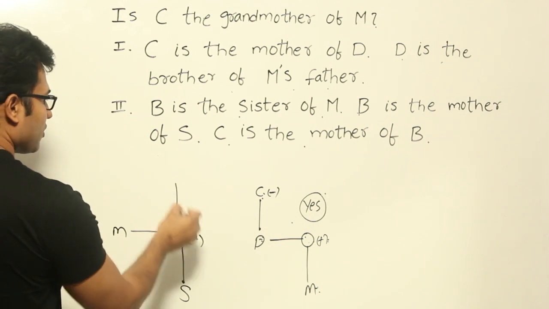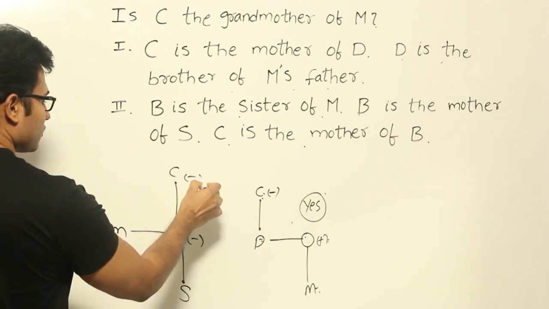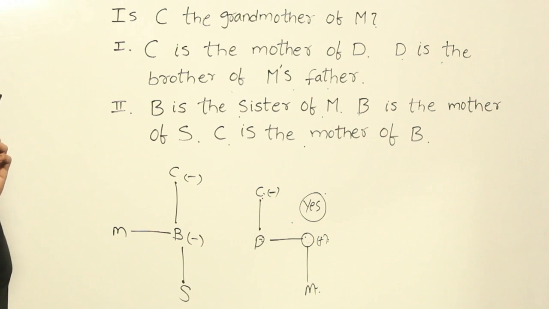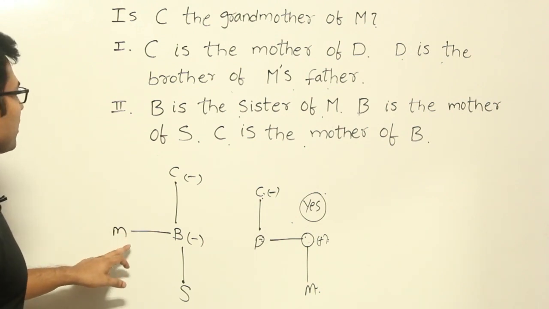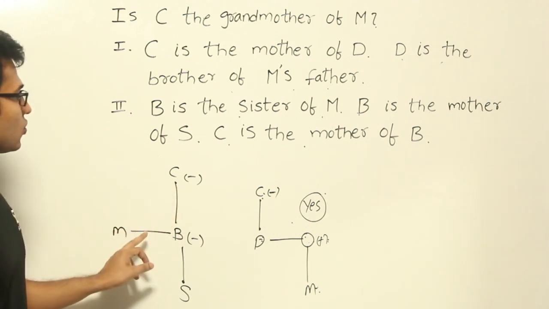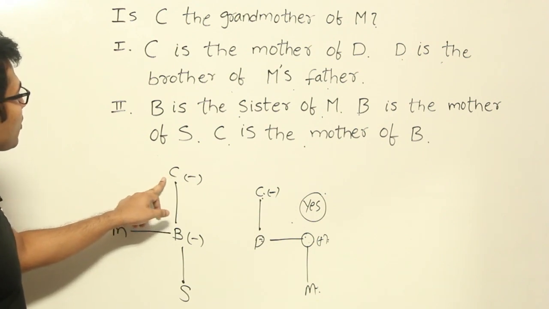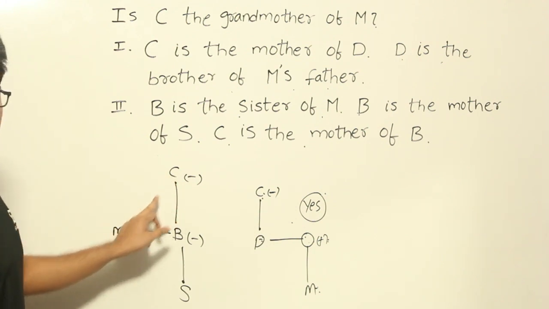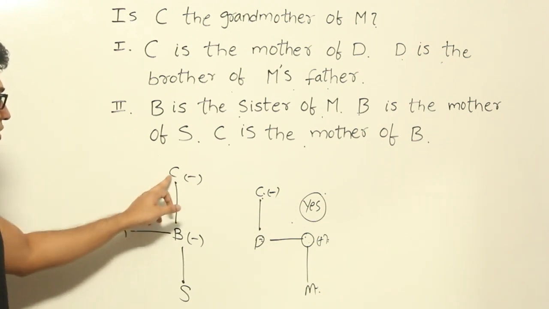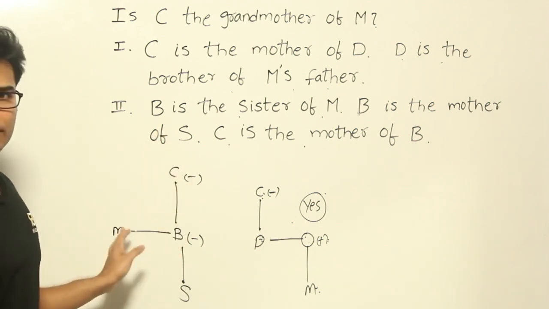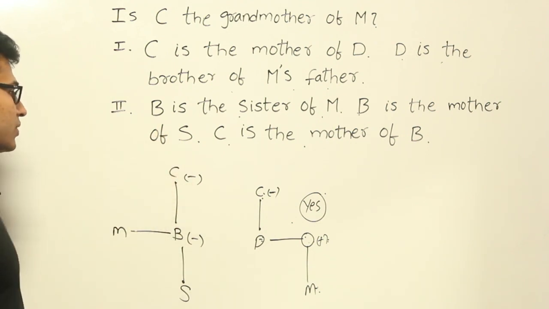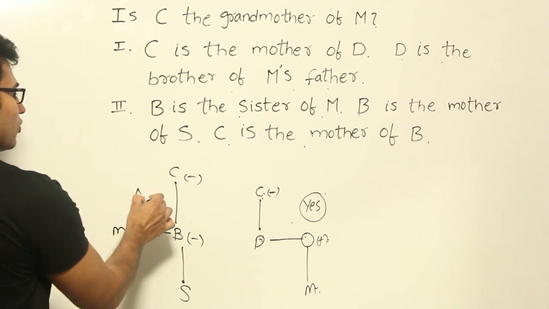C is mother of B. So this is given. Now what is the relationship between C and M, right? So is C grandmother of M? But here she is not the grandmother, she is the mother, isn't it? So definitely not grandmother, therefore I can say no, right?